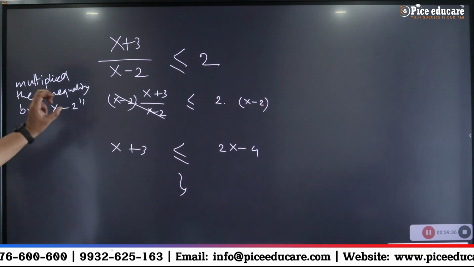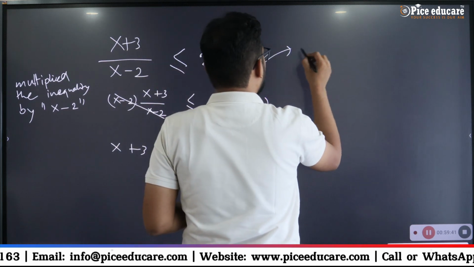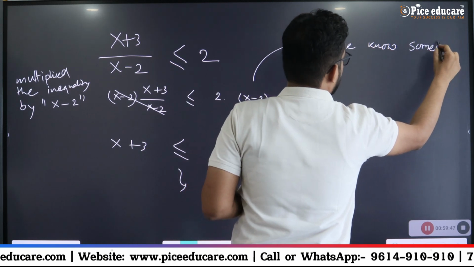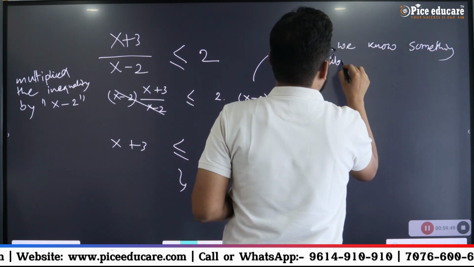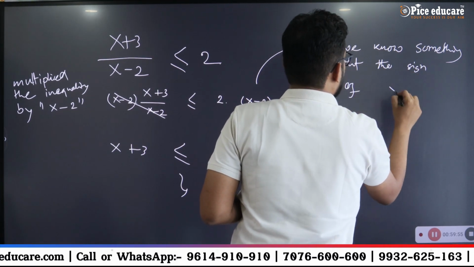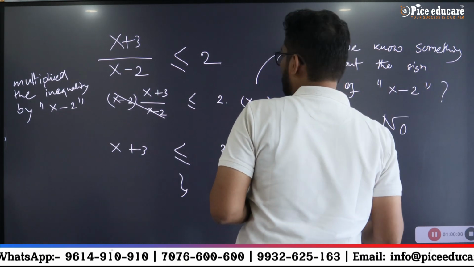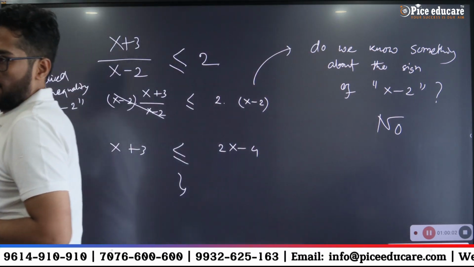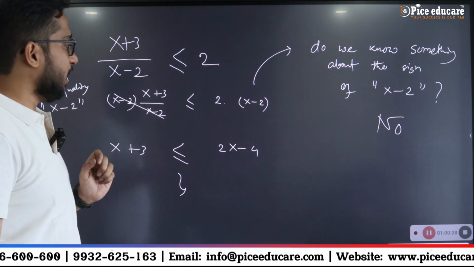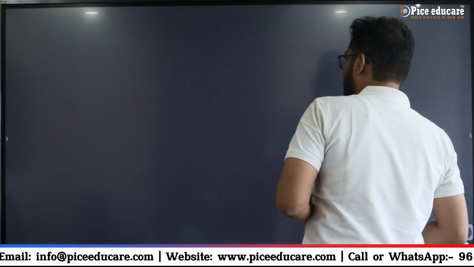So if I have multiplied this inequality by x minus 2, do we know something about the sign of x minus 2? The answer is no. We just blindly multiplied the inequality by x minus 2. This is our mistake basically. So to correct that mistake, we have to do these things.